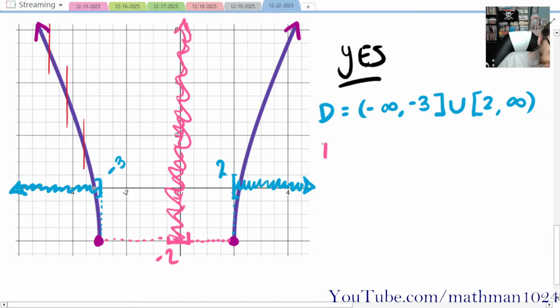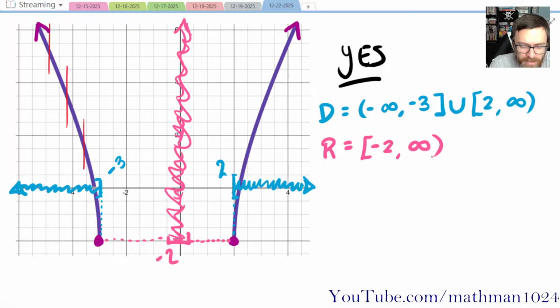And so for the range, you describe simply what you have colored on that y-axis. So going from a bottom of -2 up to infinity. That's how we would describe the range. So really, no matter what picture we have, it shouldn't be that difficult for us to identify the domain and the range, as long as we can correctly map it to the x and the y axes.